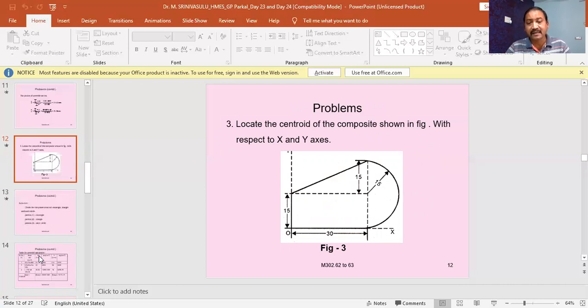So the centroid will not be lying on either the x-axis or the y-axis. Therefore the centroid will have two coordinates, the x coordinate and the y coordinate. So we have to find both coordinates to locate the centroid for the given composite area.